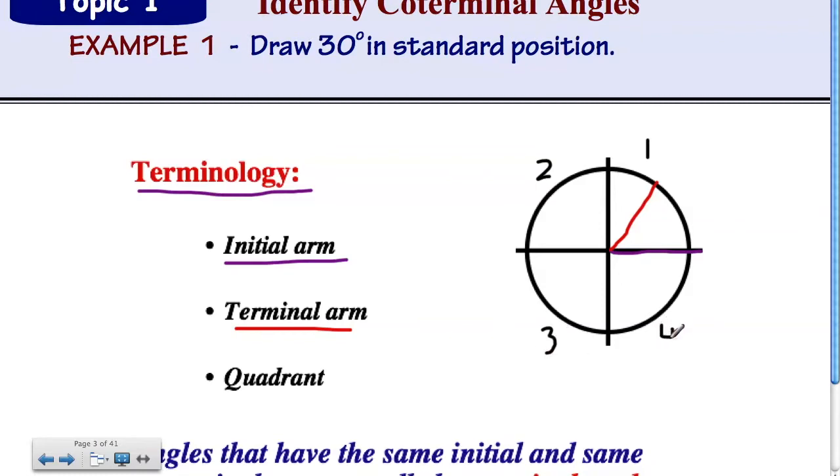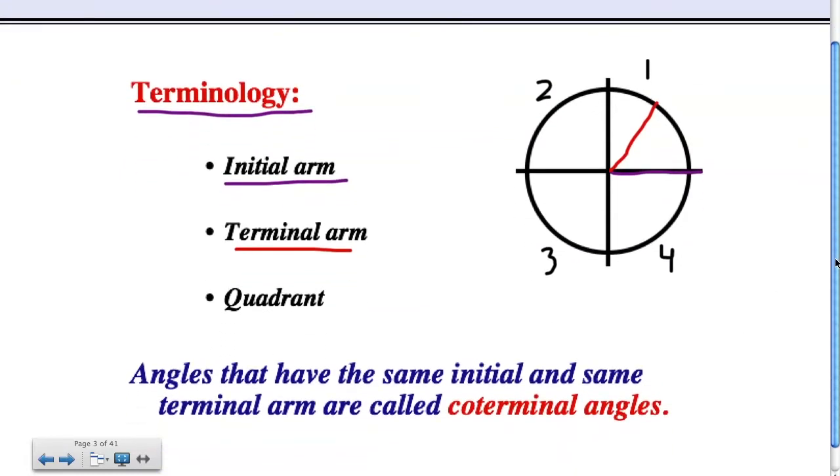So you have to remember that for grade 12 as well. Angles that have the same initial arm and the same terminal arm are coterminal. So if I go right there and land on that arm, and go around 360 and land on that arm, I know that they are coterminal, they're the same. So we'll have a look at that.